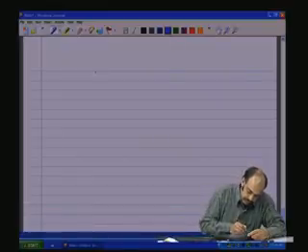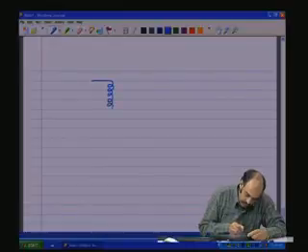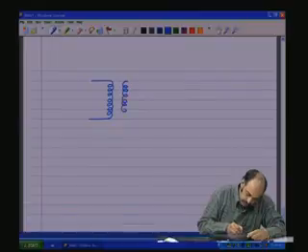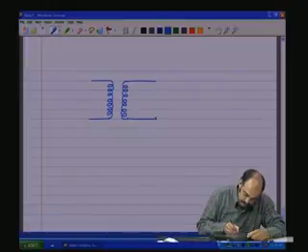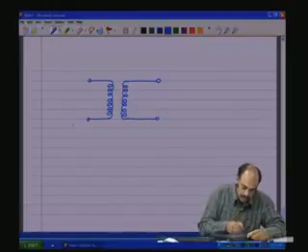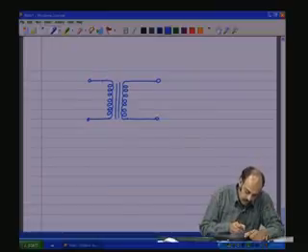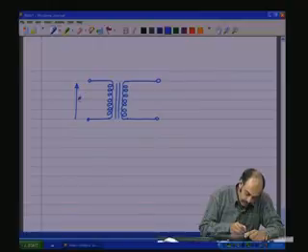So, let us have a primary coil, let us have a secondary coil, there is a core, and there is a primary.